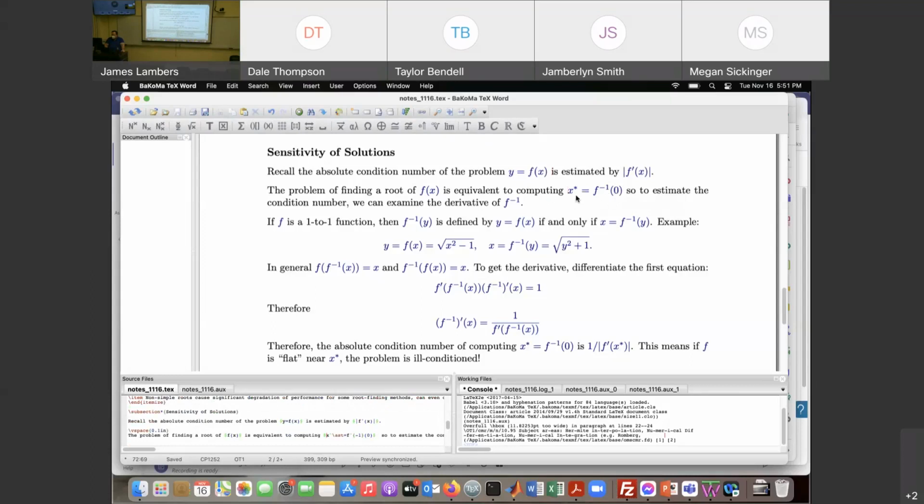So you can think of x star as the output, 0 is the input, and f inverse is the algorithm that gets us the output. Now this is assuming that f is at least locally one-to-one. So we're going to make that assumption just for convenience. So if we want to know whether this problem is well-conditioned or ill-conditioned, we could use this notion of a condition number being a derivative, but this is what we compute the derivative of to get that condition number.